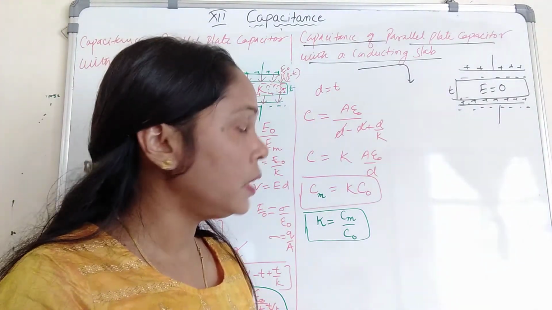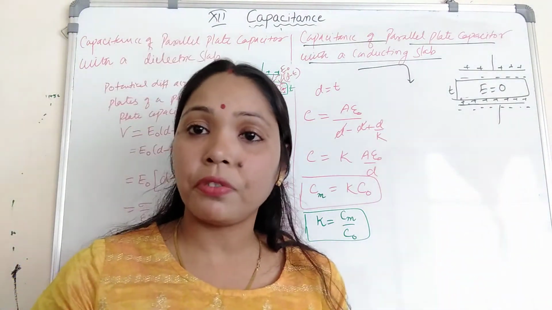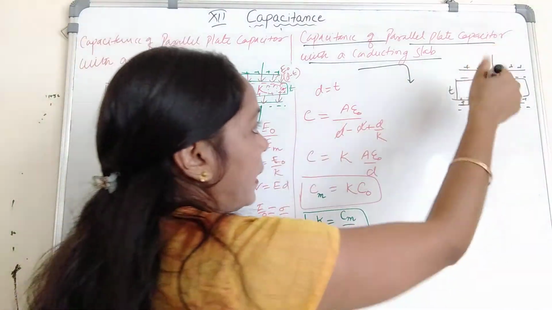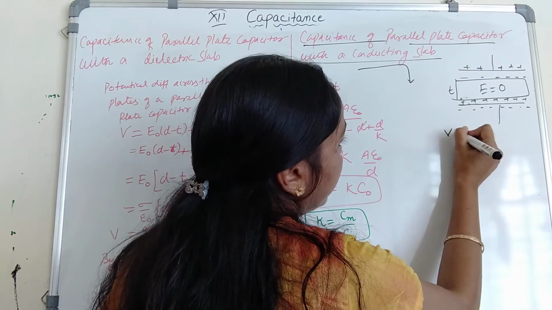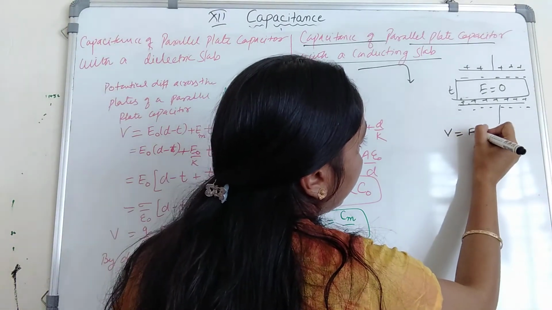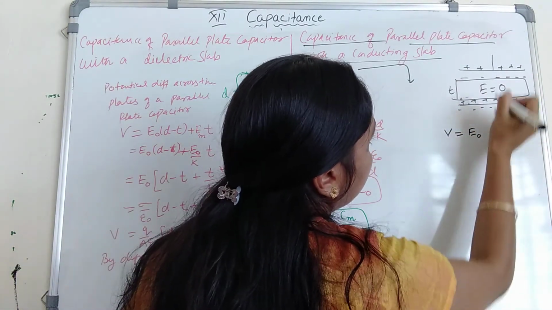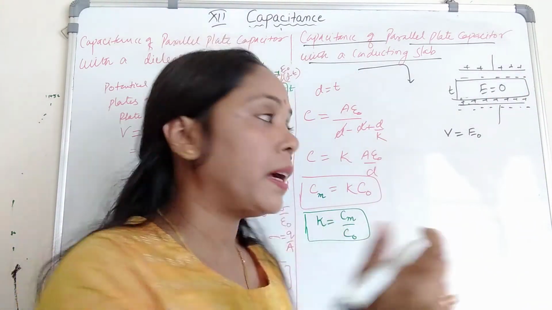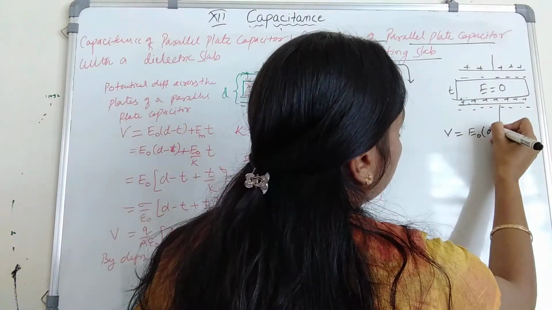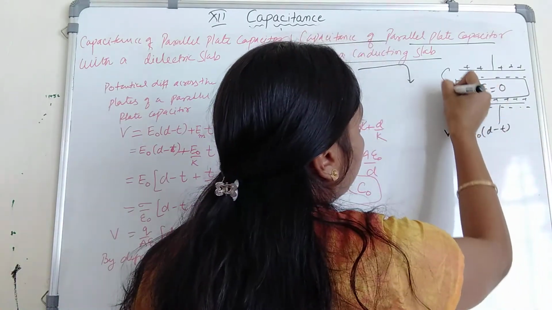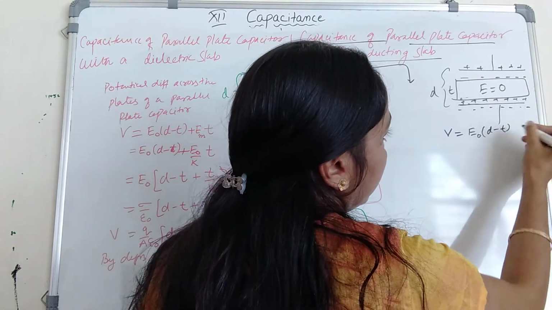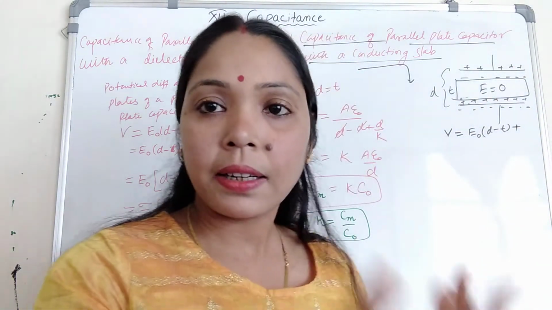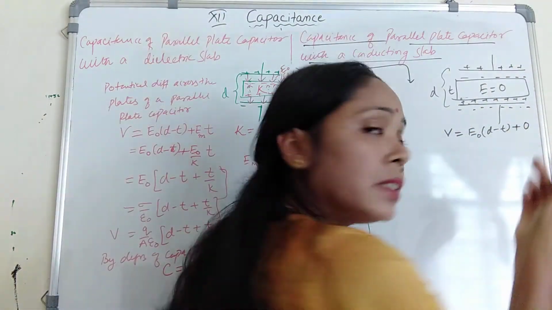Now what to do? First of all we have to find the electrostatic potential across the plates. So V is equal to E naught into, in which portion is the vacuum present? d minus t. So this is E naught (d minus t) plus the electric field inside the conductor, which will be 0.